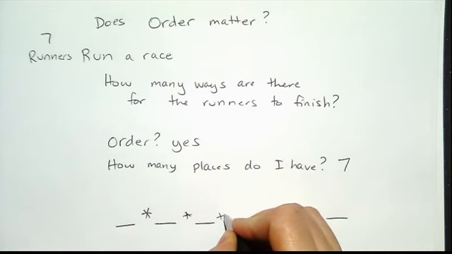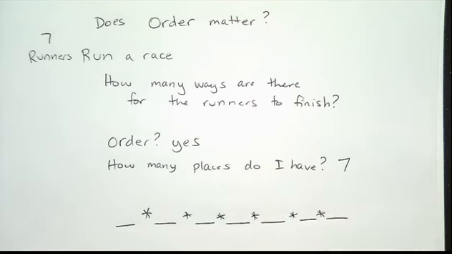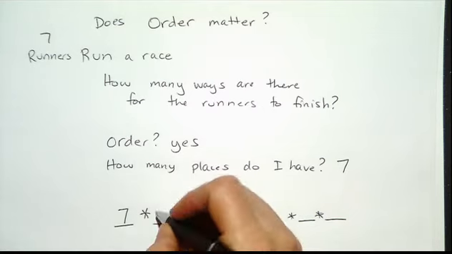So I figured out that I'm going to use the product rule. Now, the first thing I do is I say, how many ways are there to choose the first place runner? There are 7. How many ways are there to choose the second place runner? 7, except not after you chose the first place one, there are 6, because you can't be in both first and second place at the same time.